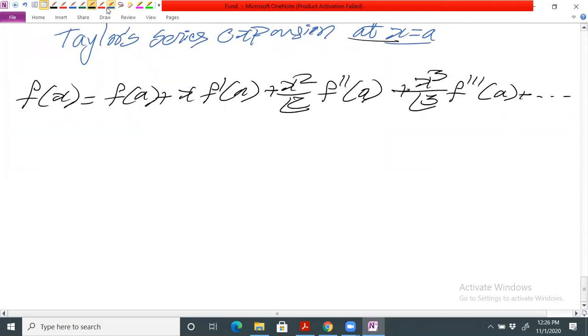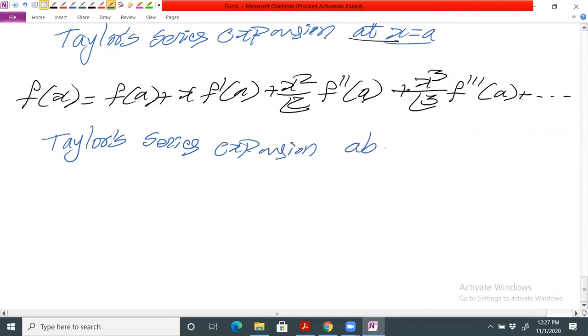Now they can ask Taylor's series expansion about x equals to a. The word about is important, not at. About is nothing but in and around x equals to a.